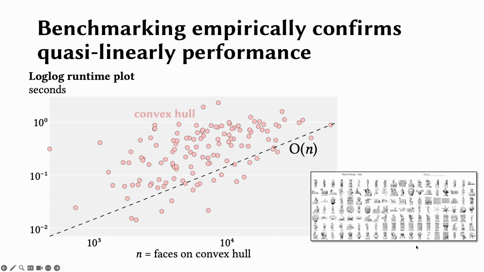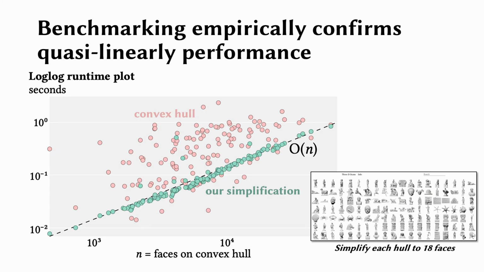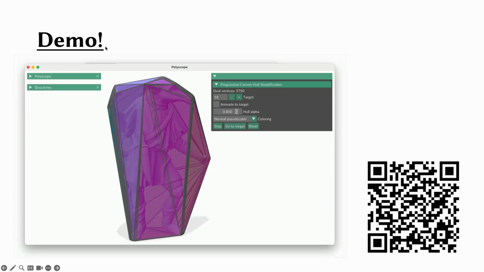The fact that it's not perfectly along the line shows that these convex hull algorithms are not very output-bound in terms of their complexity. It's not that interesting, but they're mostly scaling linearly. Once we have that exact convex hull, we can run this simplification algorithm, and we're seeing really tight near-linear performance, which is expected. Cool. All right, let's see if this demo works.